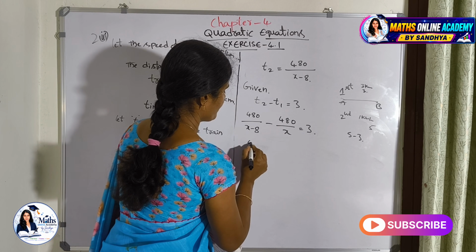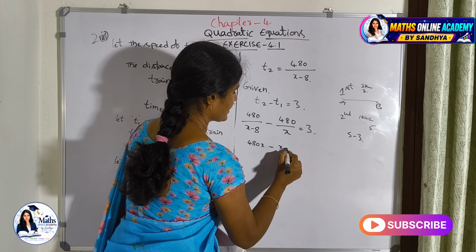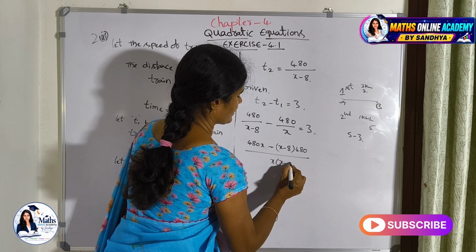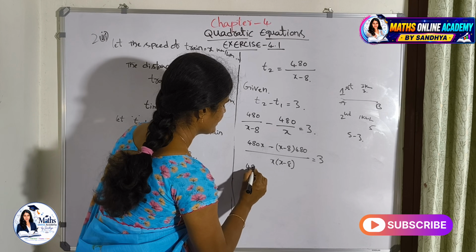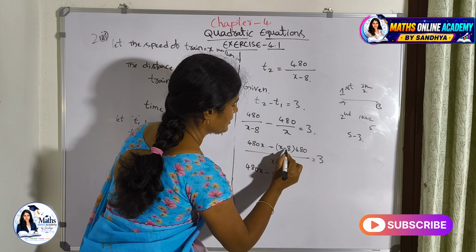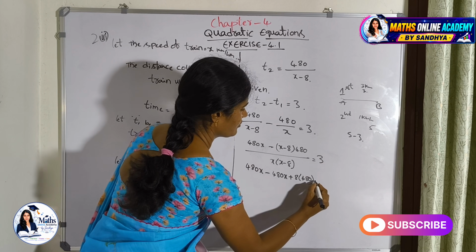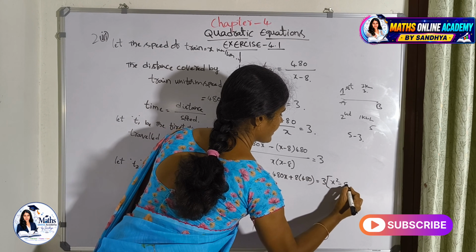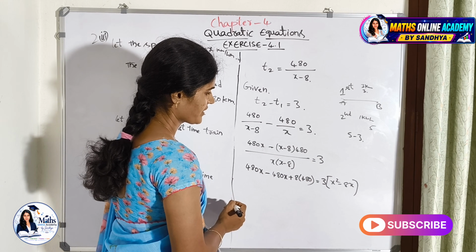Let's take the LCM: 480 into x minus x minus 8 into 480, by x into x minus 8, equals 3. So 480x minus 480x plus 8 into 480 equals 3 into x square minus 8x. x into x square, x into minus 8 means minus 8x.